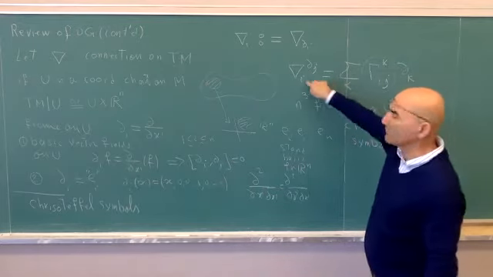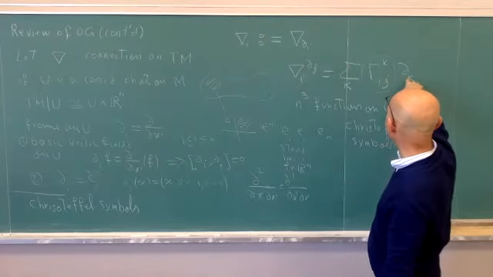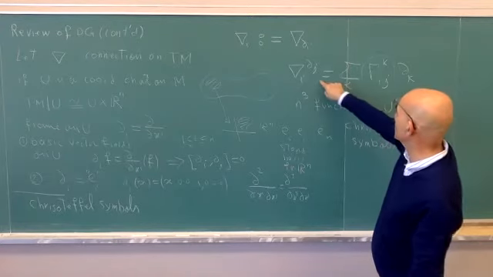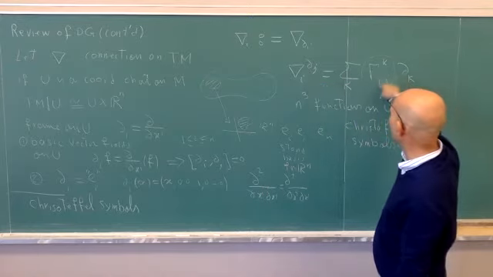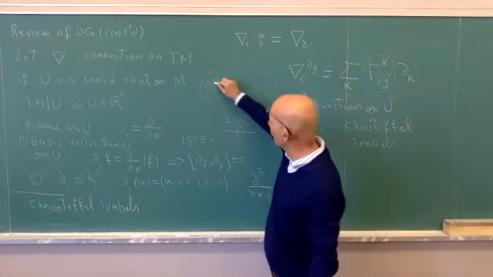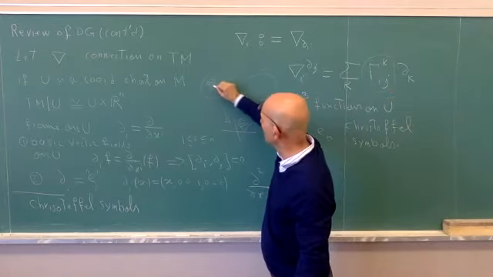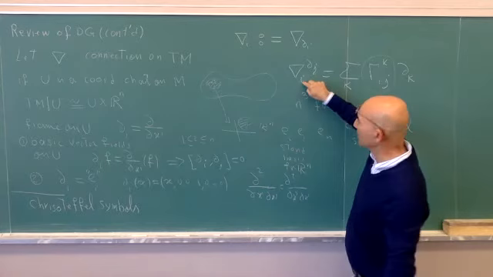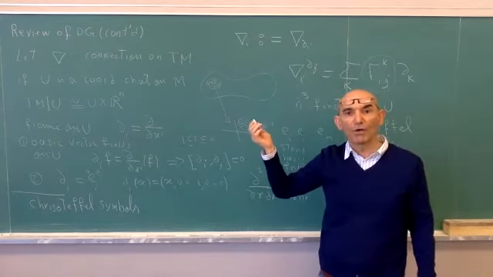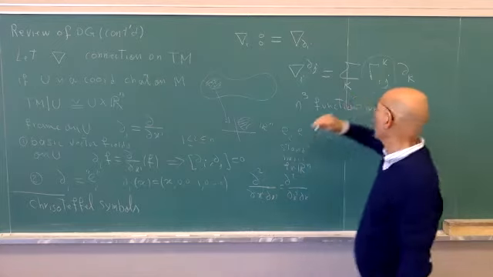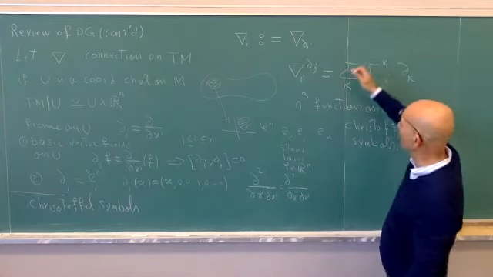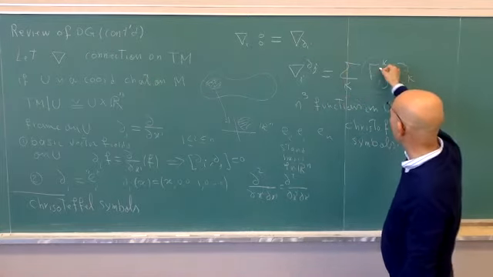Because this is a vector, we expand it in this basis, and you get these numbers. But these numbers change from point to point, because this is not just a vector, it's a vector field after all. So you move from point to point, and these numbers change from point to point. So these are functions on U.